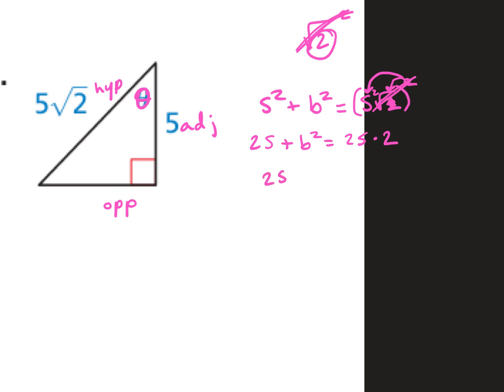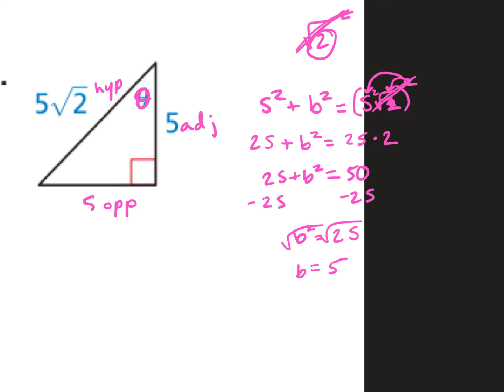So we have 25 plus b squared is equal to 50. Then how do we solve for b? Subtract 25. So b squared is equal to 25. And what's b equal to? 5. Perfect.